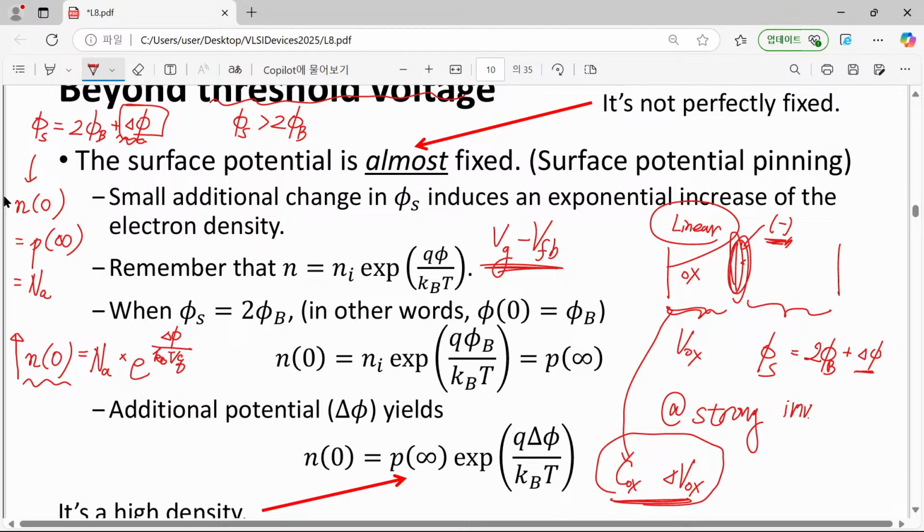And in the case of our silicon substrate, with quite a small delta surface potential, we can collect many electrons.